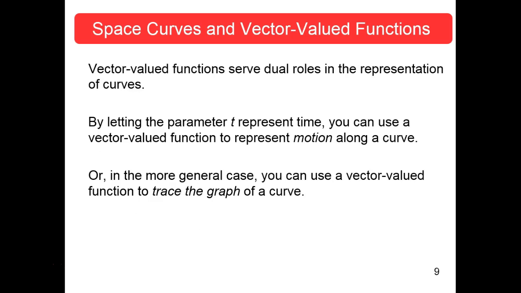Vector valued functions serve dual roles in the representation of curves. Now this gets to be a little confusing because the things sound so similar. By letting the parameter t represent time, that's only if it's time, you can use a vector valued function to represent motion along a curve. But even if it doesn't represent time, you still indicate motion by putting an arrow on the curve showing an increase of t goes in this direction, whether the t represents time or something else.